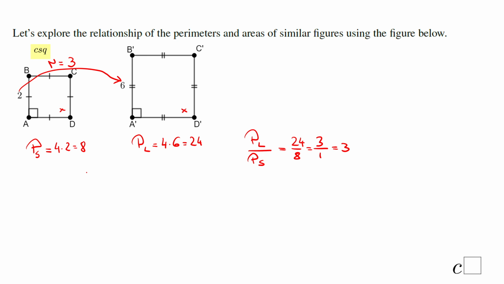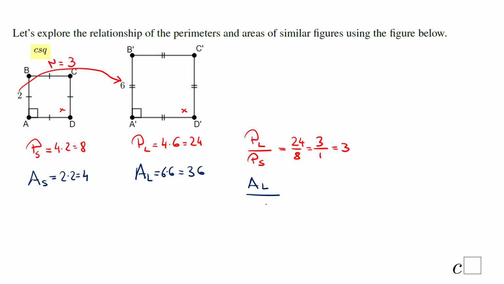What about the area? Well, let's take a look at the area. The area of the small square will be 2 times 2, or 2 squared, and that will be 4. The area of the large square will be 6 times 6, or 6 squared, and that is 36. What is the ratio of these two areas?